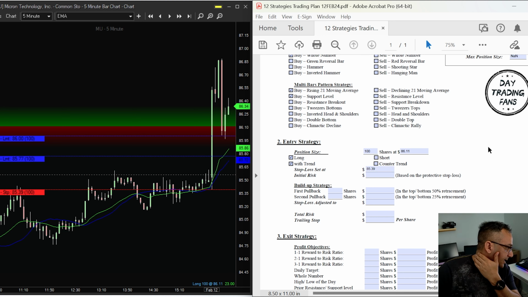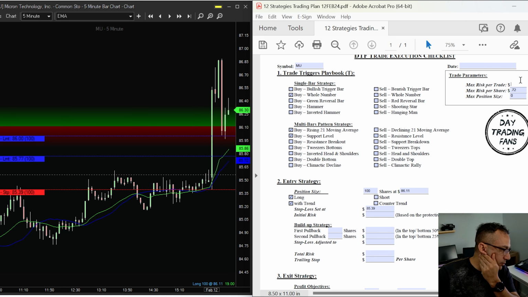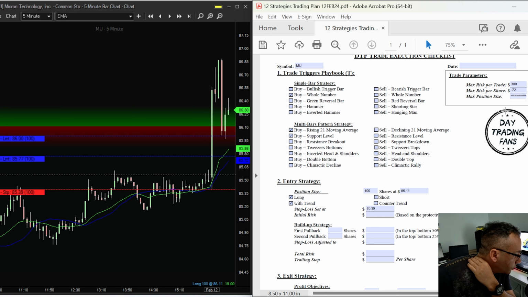So how much am I risking now? I got it at 86.11. So I'm risking about 72 cents. So you go up here. I'm risking 72 cents per share, and my maximum risk per trade is $300. So at 72 cents, I can go up to 416 shares, as you can see here.